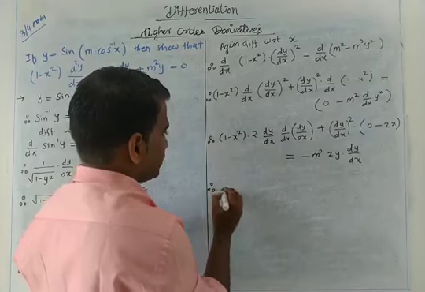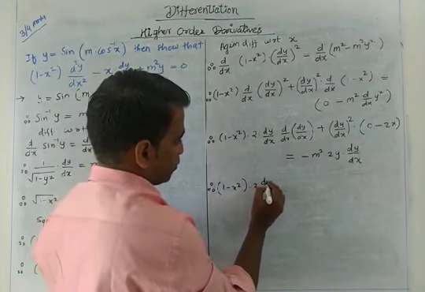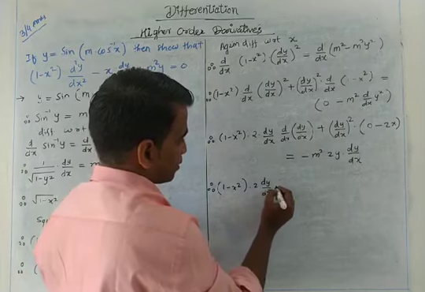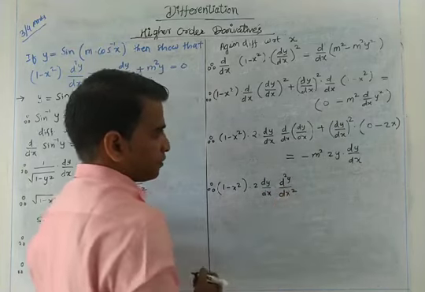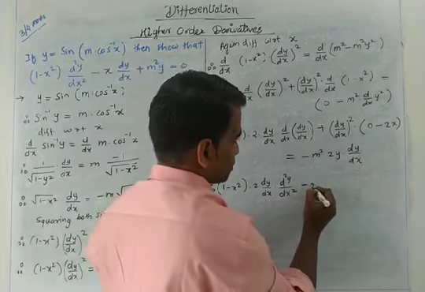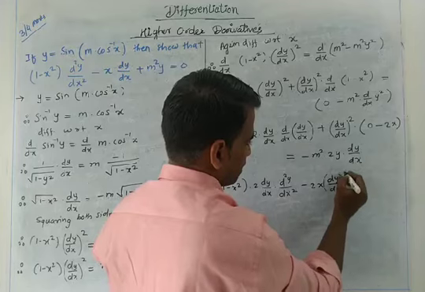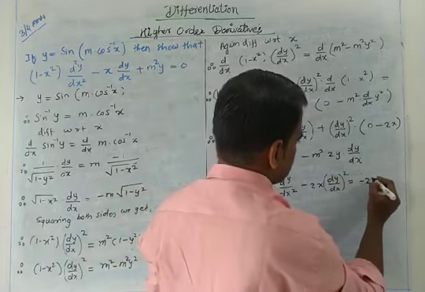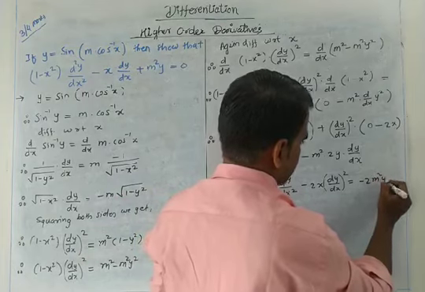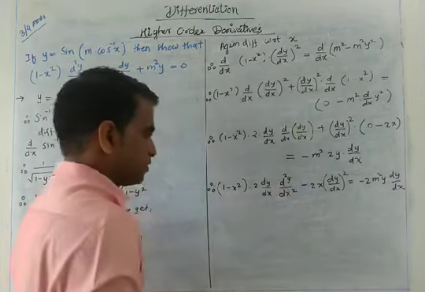Now simplify: (1 − x²) 2 dy/dx into d²y/dx² minus 2x (dy/dx)² is equal to −2m²y dy/dx.